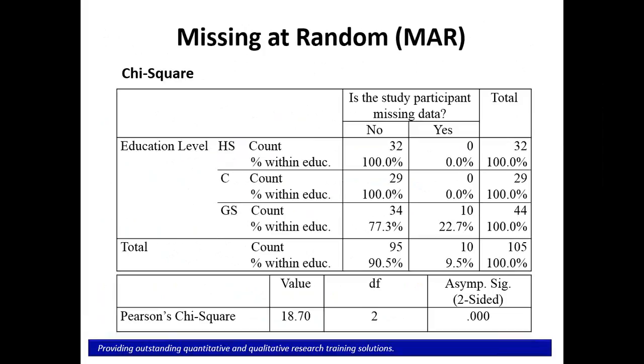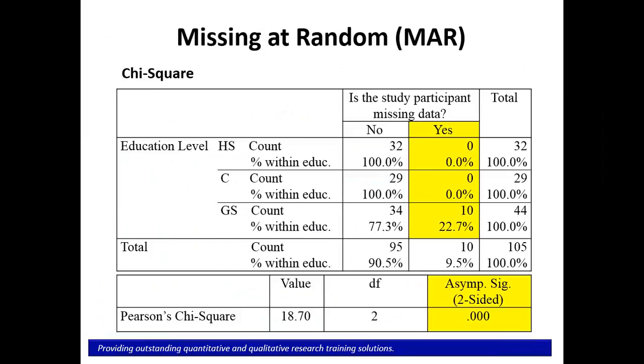So here's our chi-square, but this time we have a different story. We can see the education level, it's really the highest level of education, but we're just calling it education level, high school. As we go across to the highlighted yes, 0%.